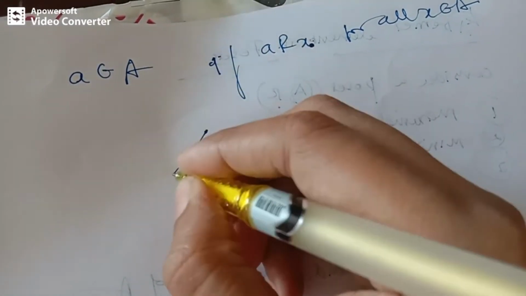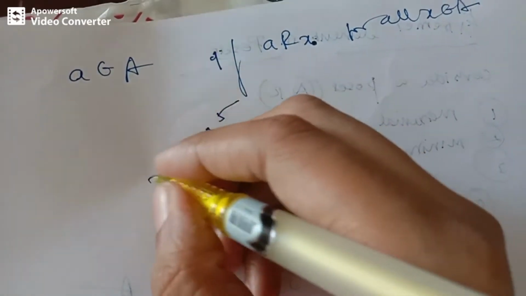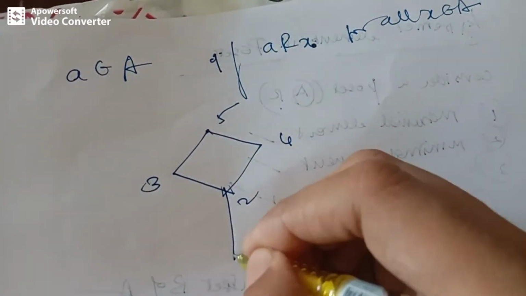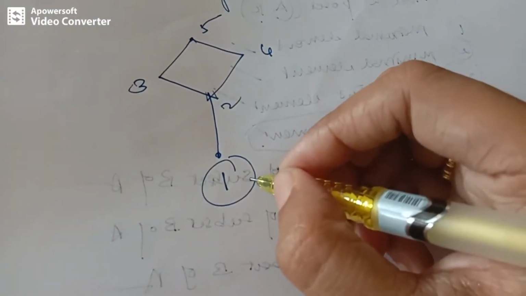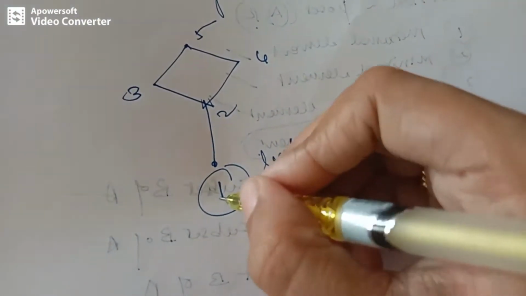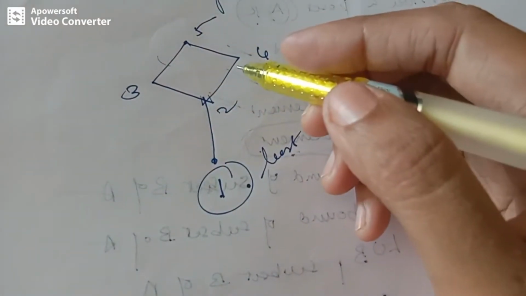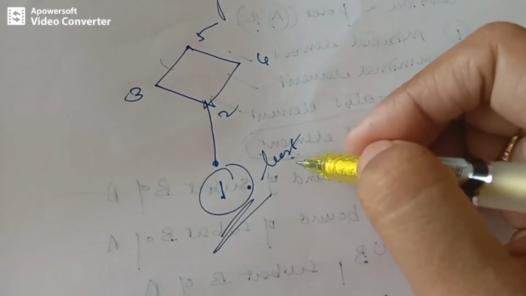That means if I have a graph like this, 5, 3, 4, 2, 1, and I consider this as the least element, it must be related to all the elements in the graph. Only then I can say this is the least element.